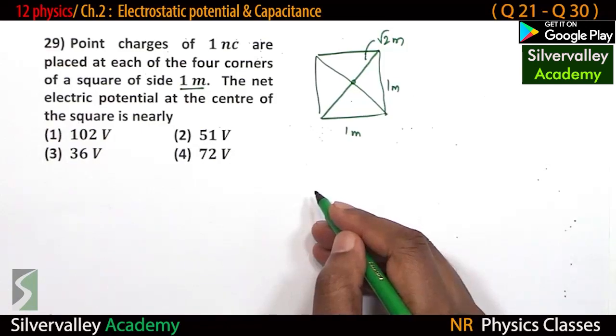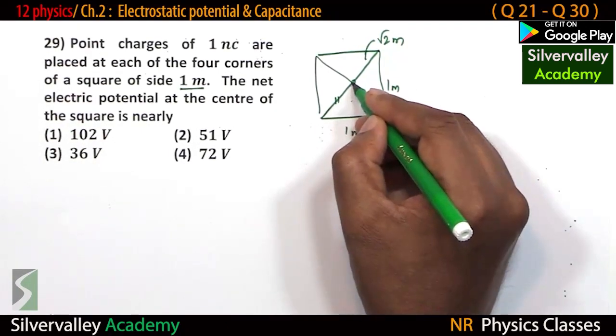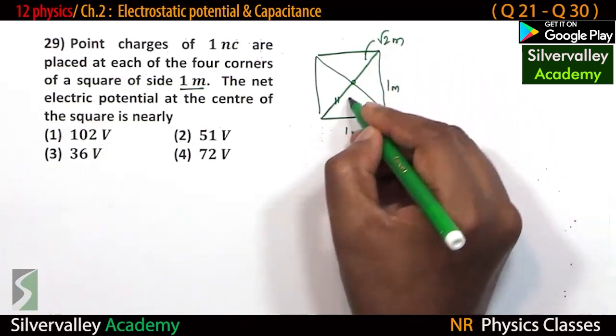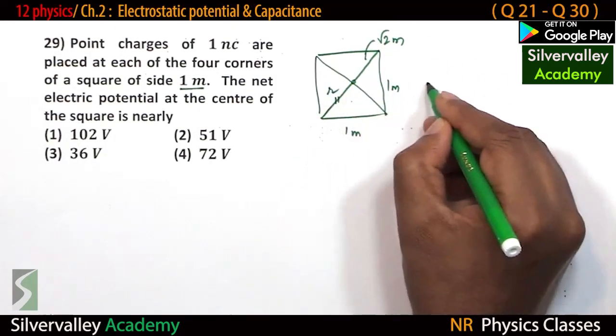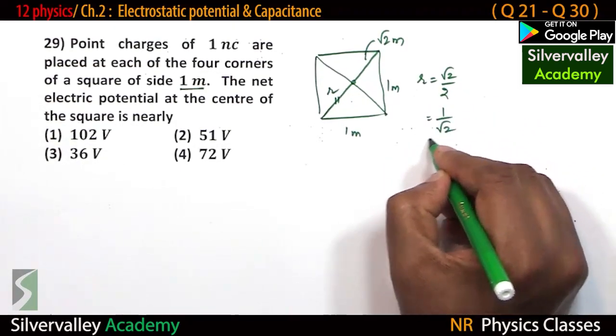Pythagoras theorem. Now half of that is half of root 2. So R is root 2 by 2, equal to 1 by root 2.